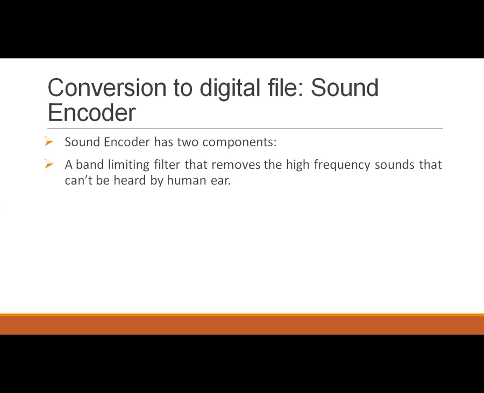Because if we try to store that, human ear will not be able to hear it, but it will consume the space in the file storage, and it will also increase your sampling resolution as well, and cause problems in your encoding of the sound.